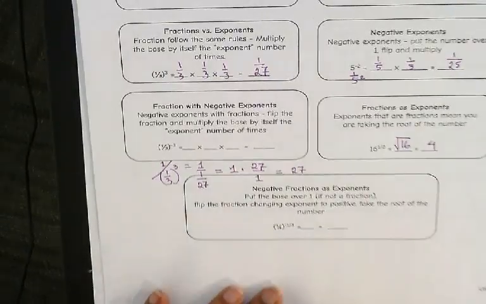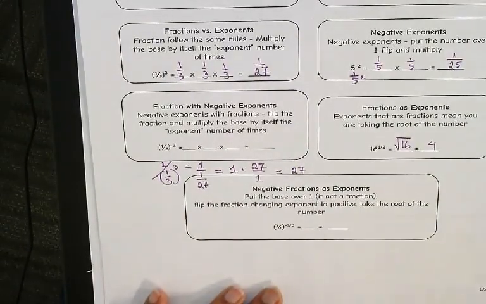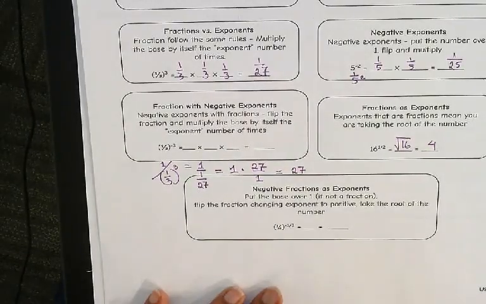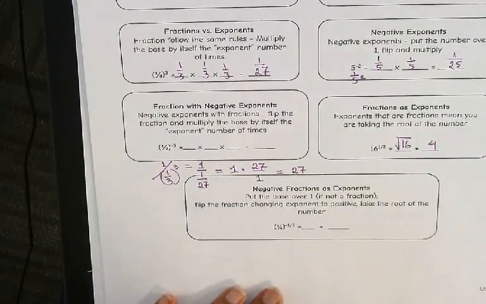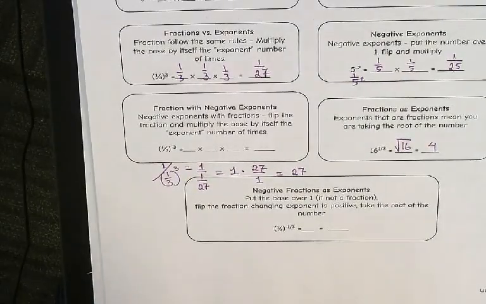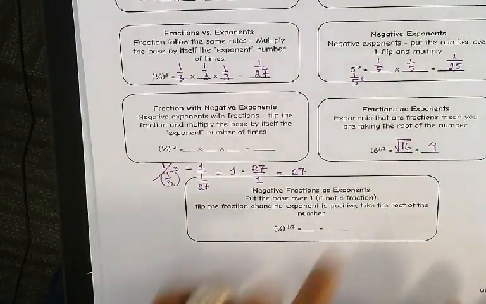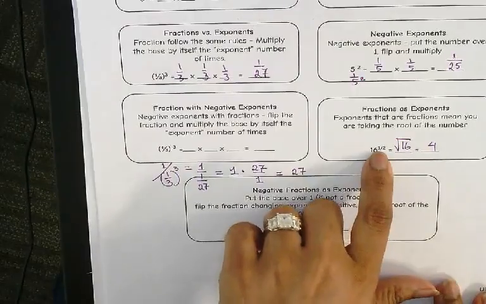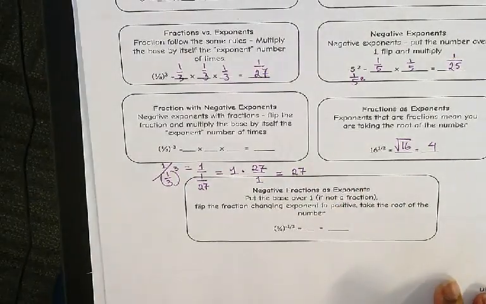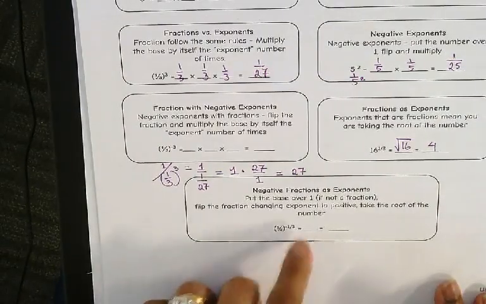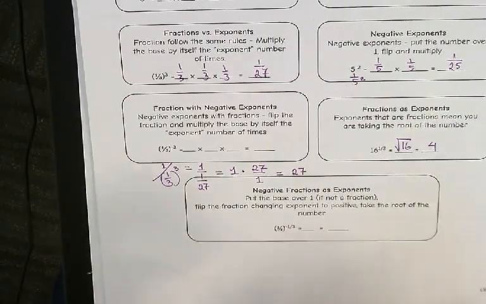Pay attention to this one, the last one that we have. Now again, the same thing over here, but we have a negative power. Also, we have a fraction power. We know if you have a fraction over here, 1/2 is what? Square root. 1/3 is what? Cube root. So if I don't have this negative, it's going to become a cube root.